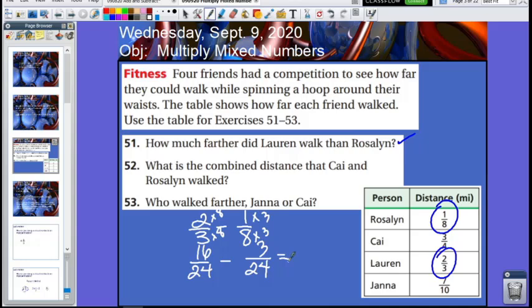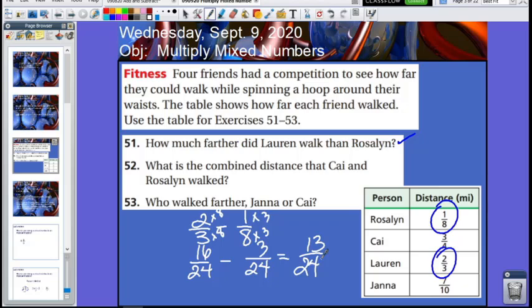Now we subtract. 16 take away 3 gives us 13 over 24. Then we ask ourselves, can I simplify that? 13 has a 1 and 13. 24 has 1, 2, 3, 4, 6, 8, 12, and 24. So the biggest one they have in common is a 1.